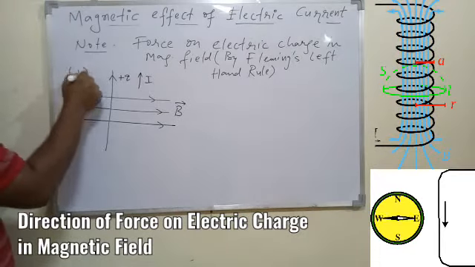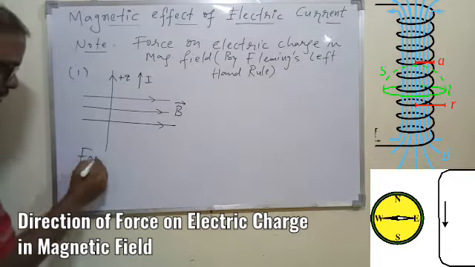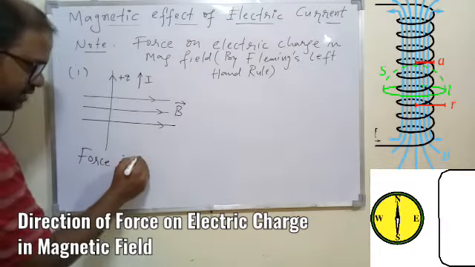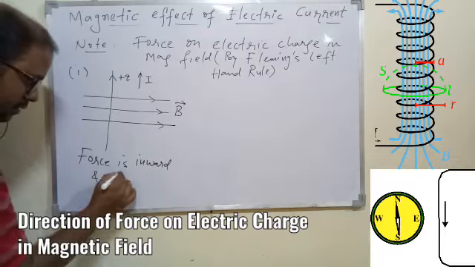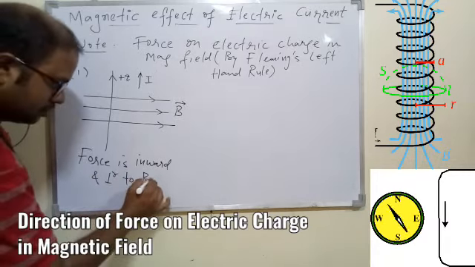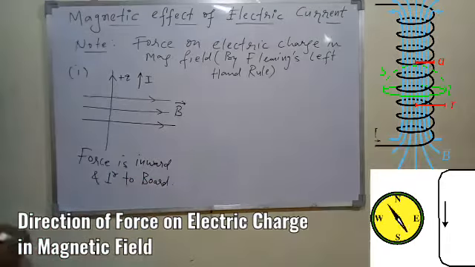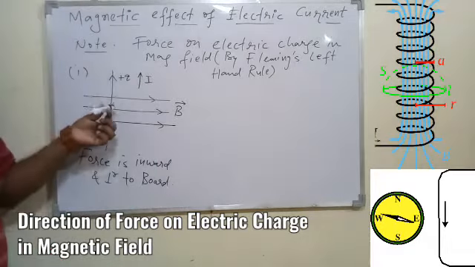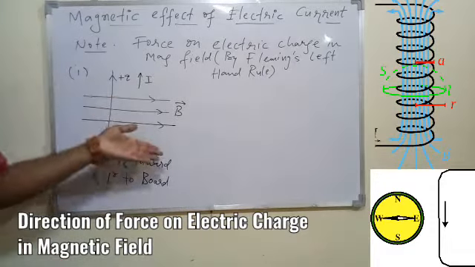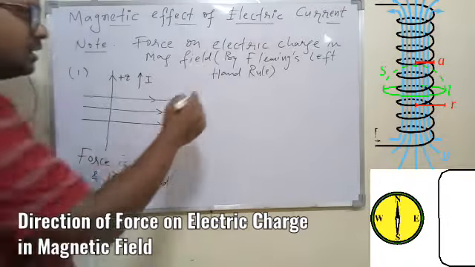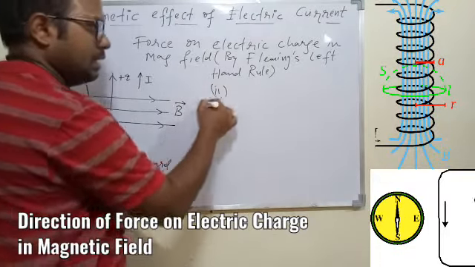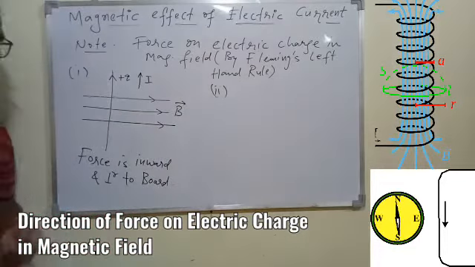So we can say force is inward and perpendicular to the board. You understood the force is perpendicular to this surface, that is my board, and it is inward, that is towards the board.